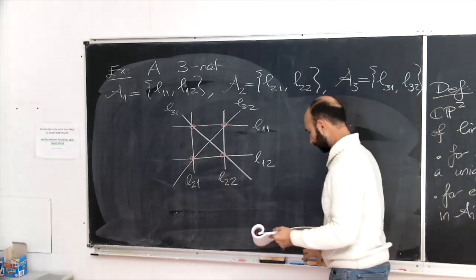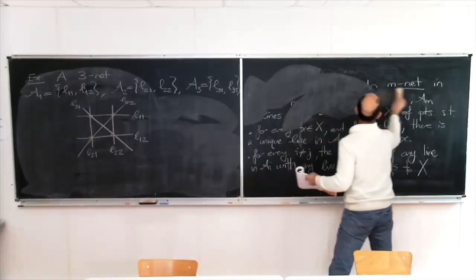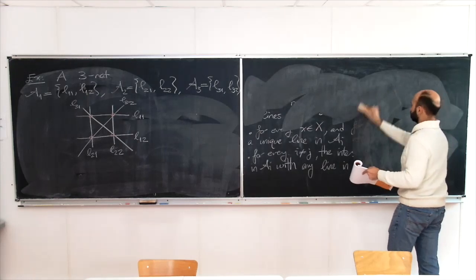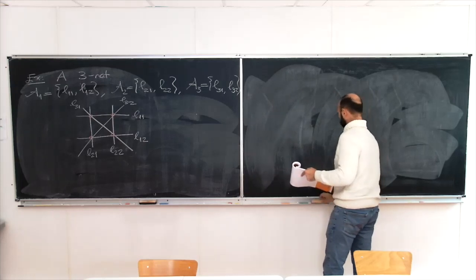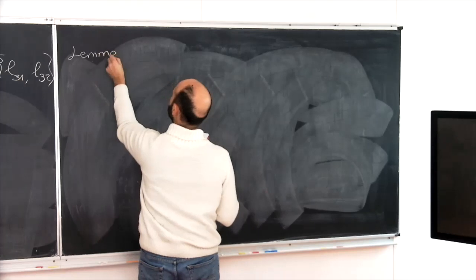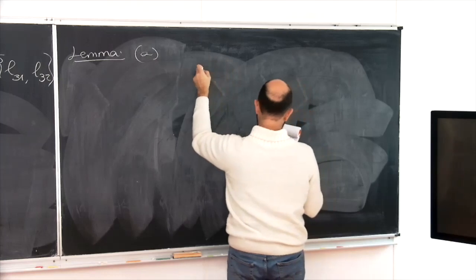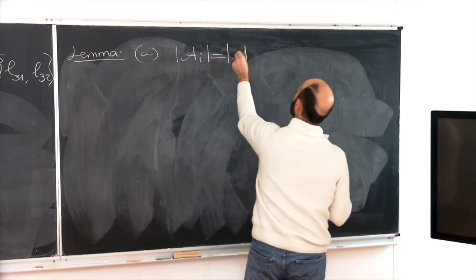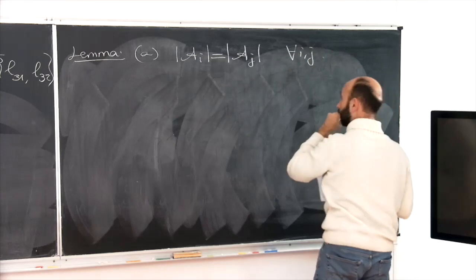Okay, now a simple lemma to start. First of all, I claim that in this situation, if you have a net, then all these sets of lines must have the same number of lines inside.